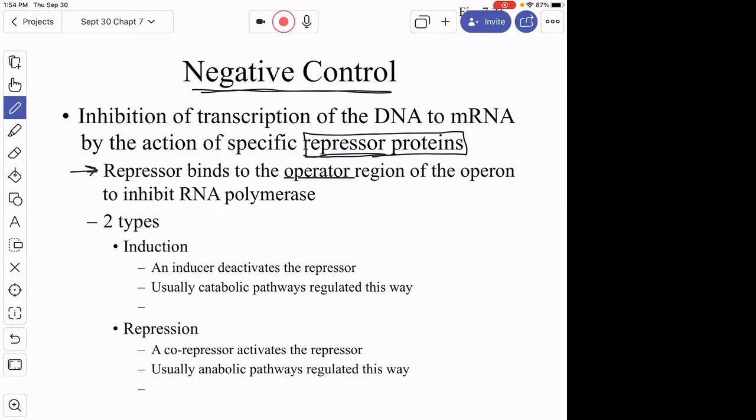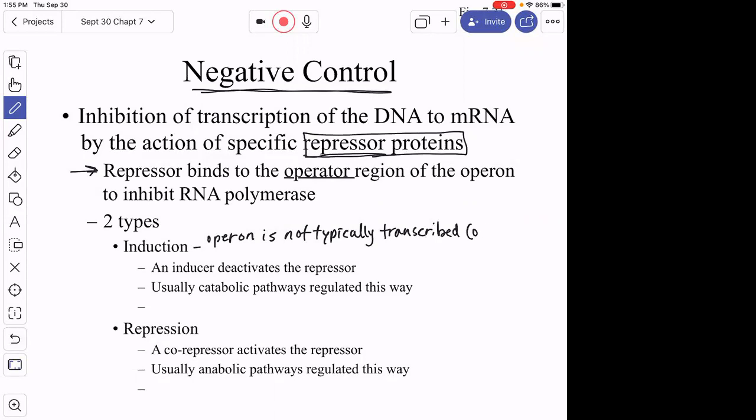Some operons fall under what we call induction. That just means that the operon is typically off. What I mean by that is the operon is not typically transcribed.